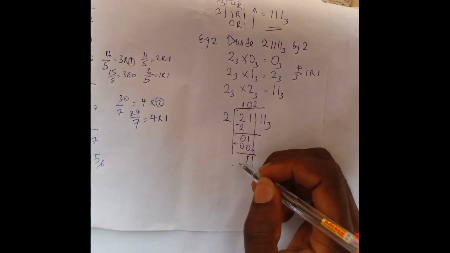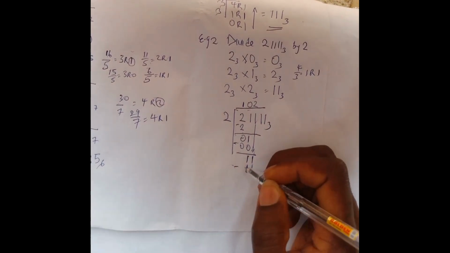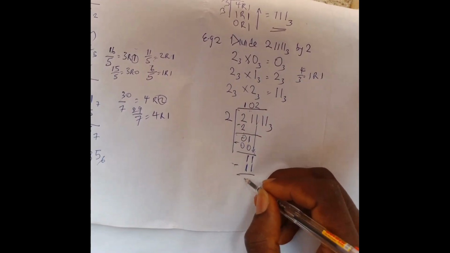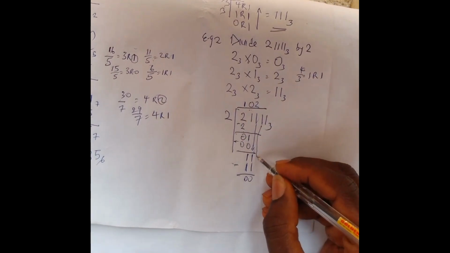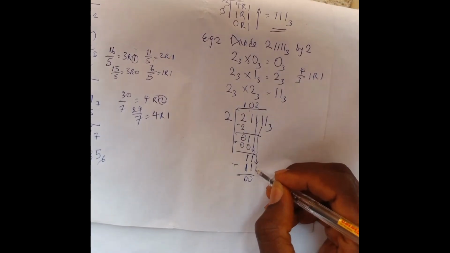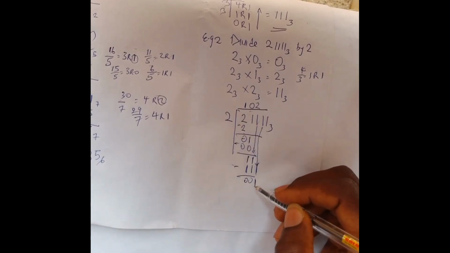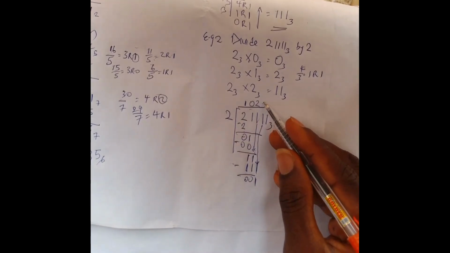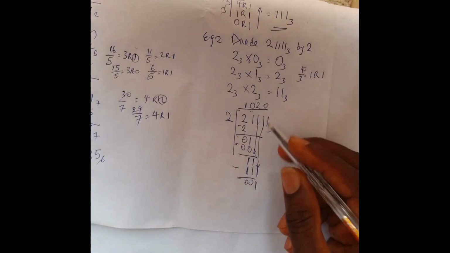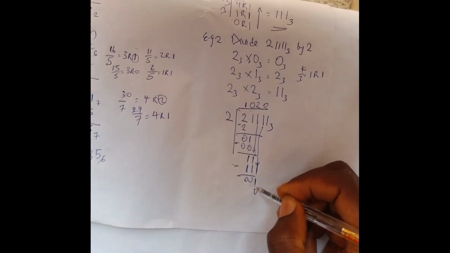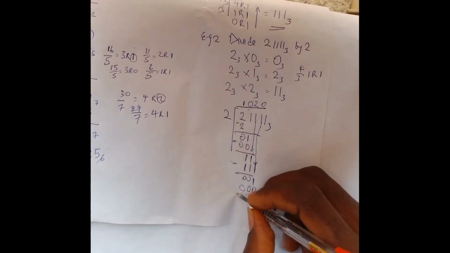Minus, and you get 0 0. Bring down the next number, which is 1. 2 divided by 1 will give us 0. 2 times 0 will give us 0. 1 minus 0 gives us 1.